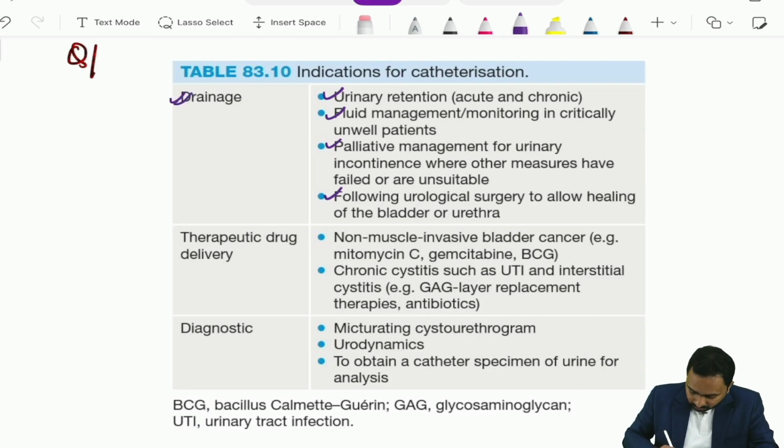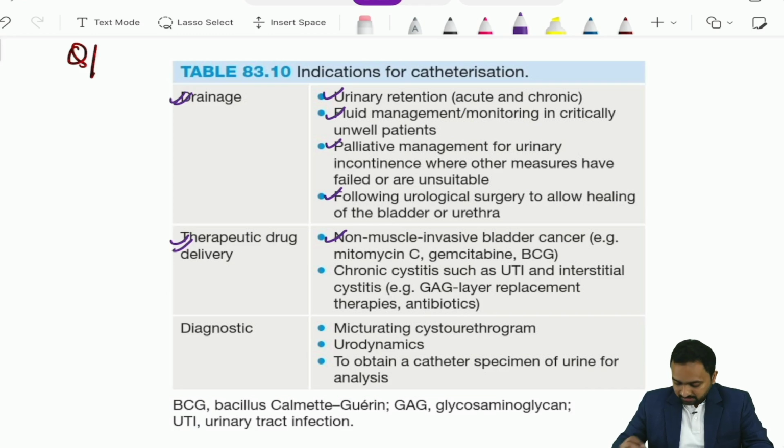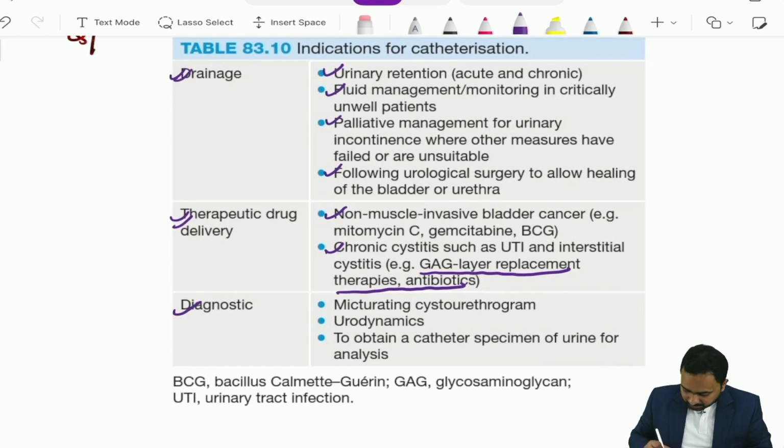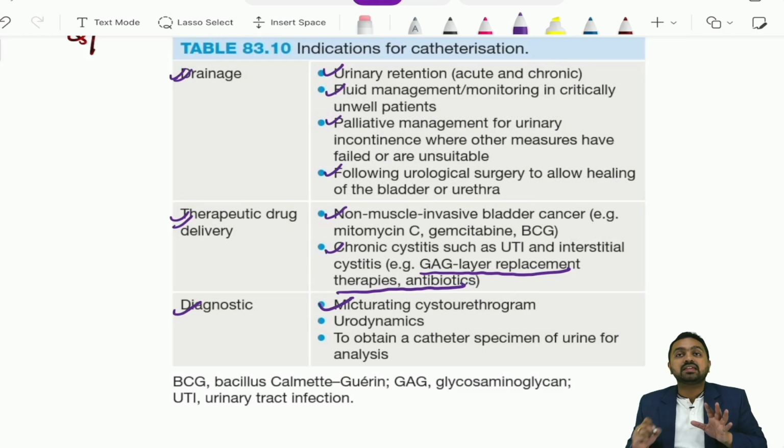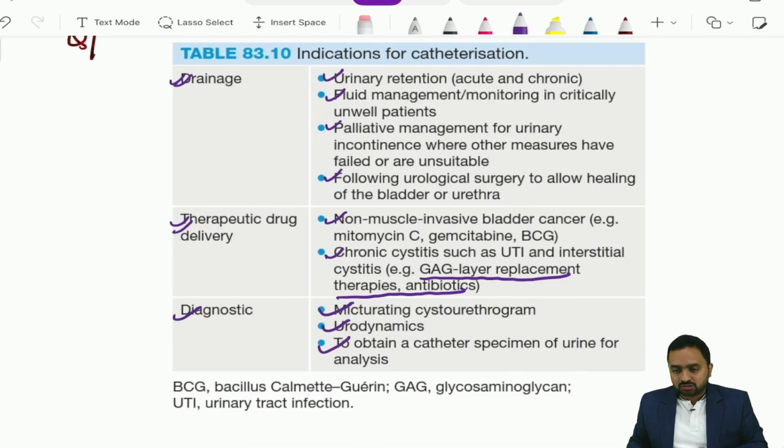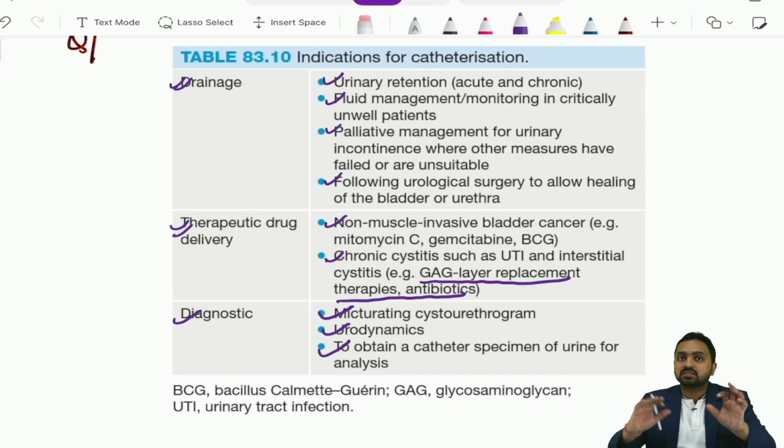Then you have therapeutic drug delivery, like for non-muscle invasive bladder cancer, or for chronic cystitis such as UTI and interstitial cystitis, where GAG layer replacement therapies and antibiotics are given. For diagnostic purposes, as in micturating cystourethrogram, urodynamics, and to obtain a catheter specimen of urine for analysis.